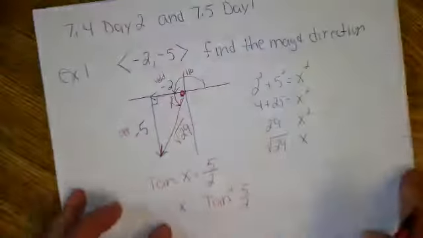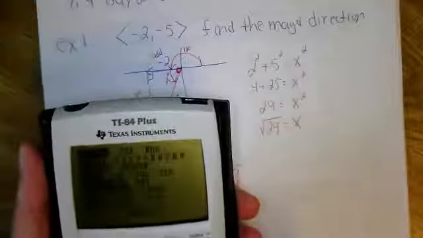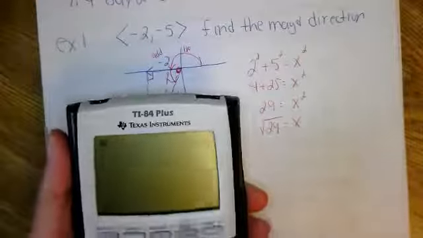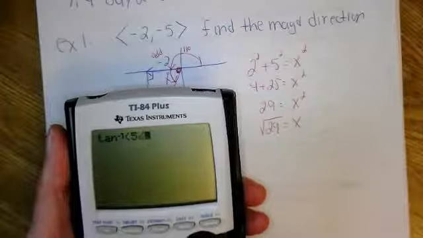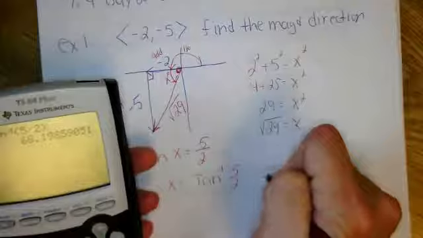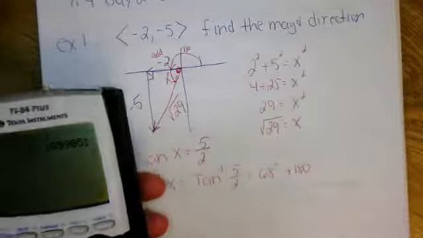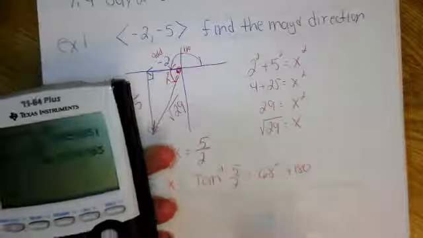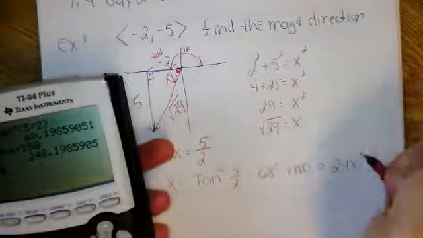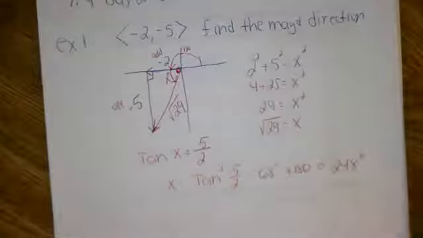So inverse tan of 5/2. Let's see, mode, radian, that's not good. Degree. Inverse tan, 5 divided by 2 is about 68 degrees. Then add that on to the 180. Our direction is about 248 degrees. Okay, that was a review from yesterday.